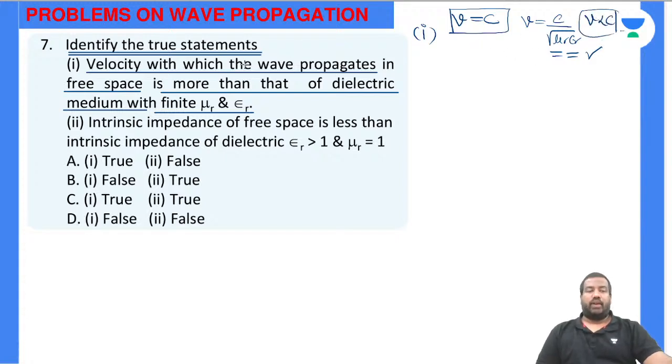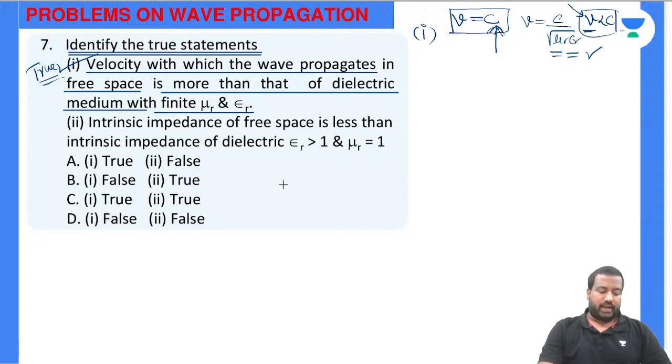Now you see. The velocity with which the wave propagates in free space, C, is more than that of a dielectric medium with finite mu r and epsilon r. For a dielectric medium with finite mu r and epsilon r, it is V, which is less than C. That means the velocity in free space C is greater than V. True. I told you in theory also today.